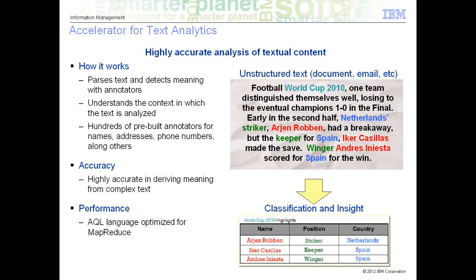I mentioned already dealing with raw text. For example, if you look at the example here, it is a snippet from one of the sports news sites. It says there is a football World Cup and a team distinguished themselves, losing to eventual champions and so on.